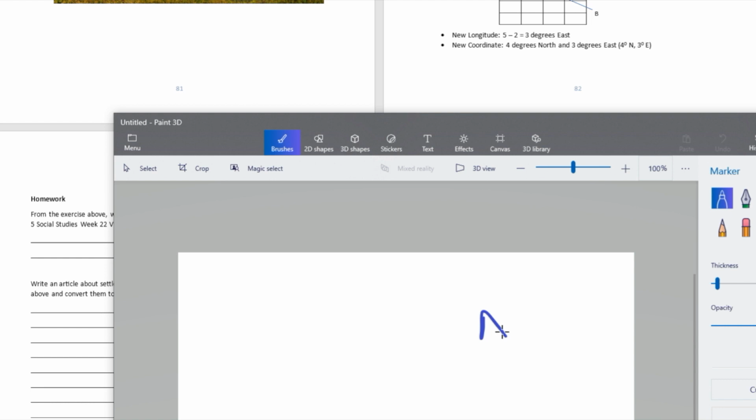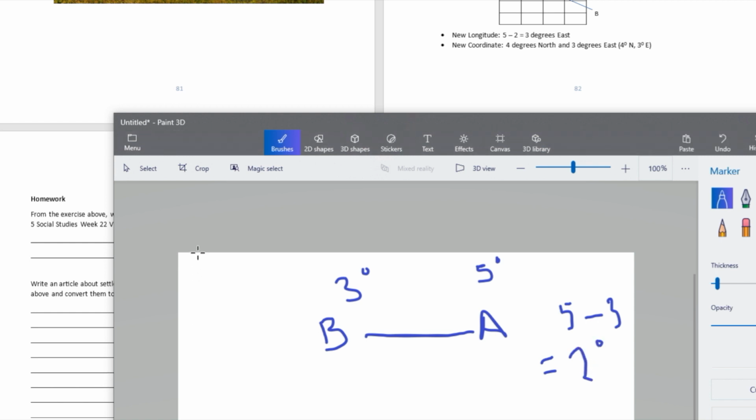This is A. And this is going to be B. All right, so this is going to be 5 degrees east, and this one is going to be 3 degrees east. All right, so what is this distance? This distance is going to be 5 minus 3, which is going to be equivalent to 2 degrees.